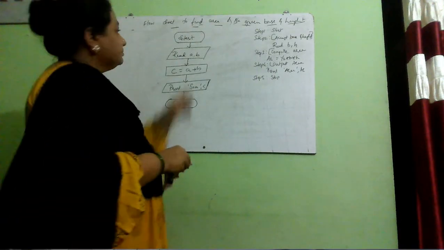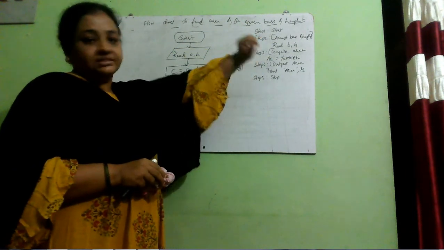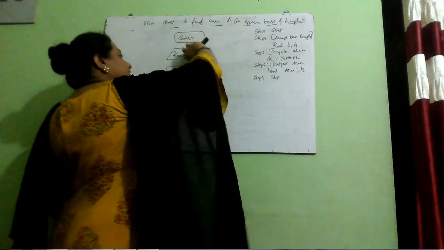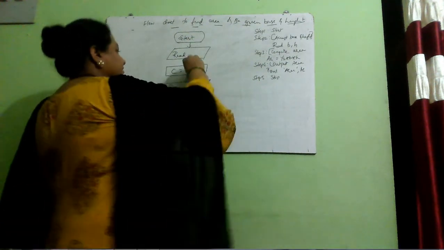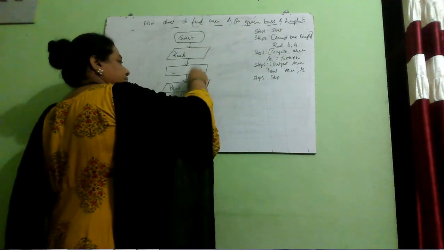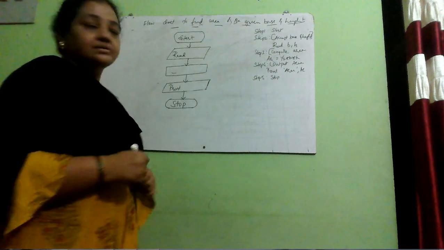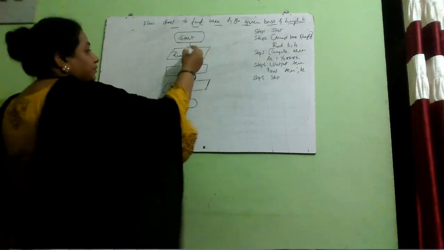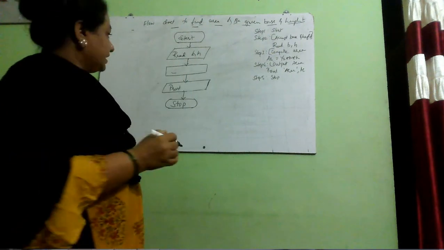Therefore, it is required to accept base and height. So in step 2, we need to accept base and height. I am assuming B as base and H as height.